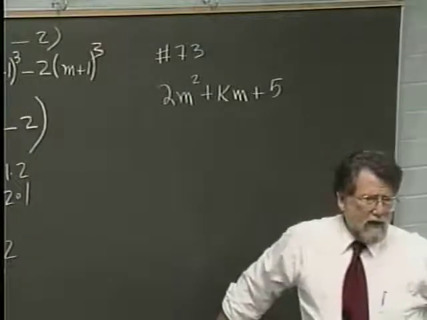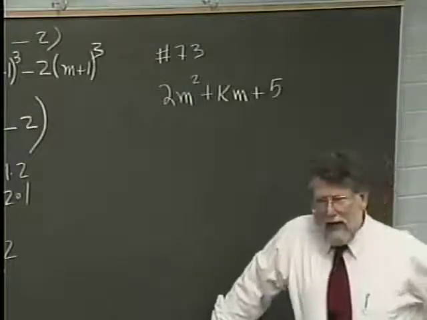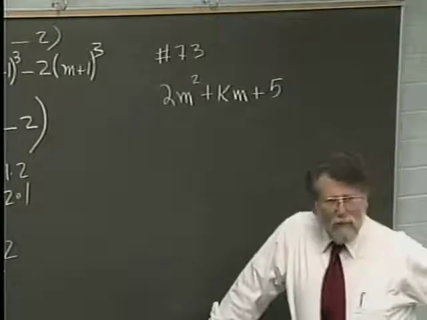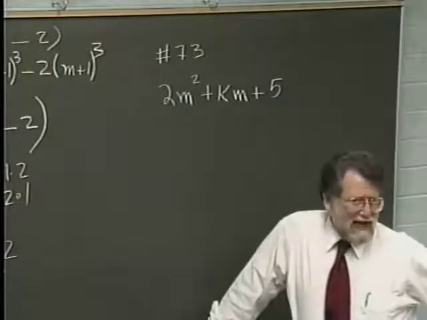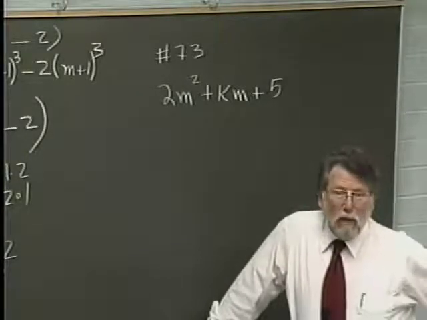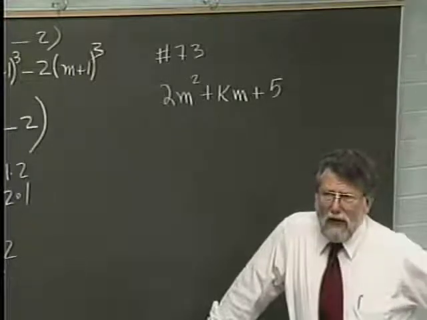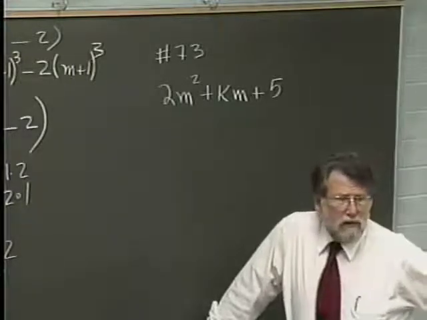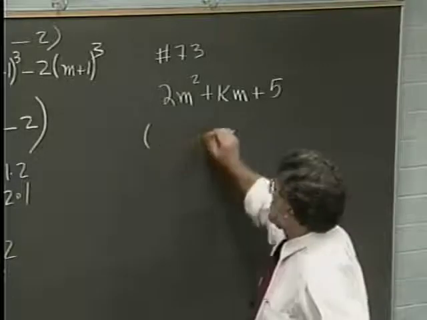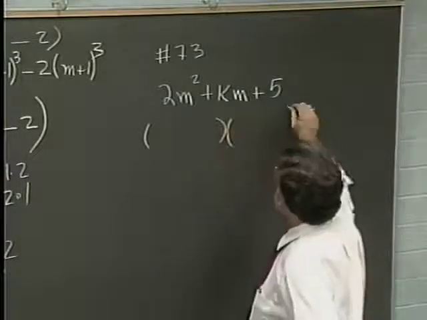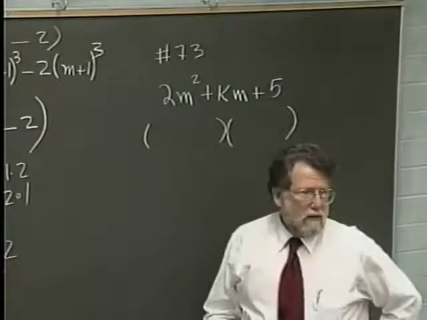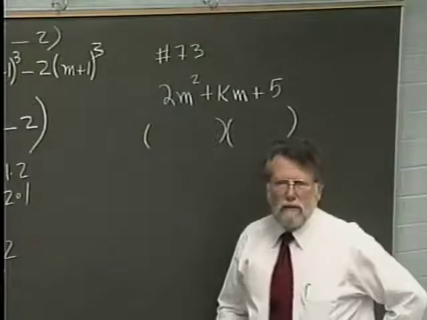Now the question, if you were making the choice for k, so this could be factored, what would be the choices you could use for k? And it would work. K could be what? And be able to factor it into a product of binomials. 11. Okay, 11's a good number.